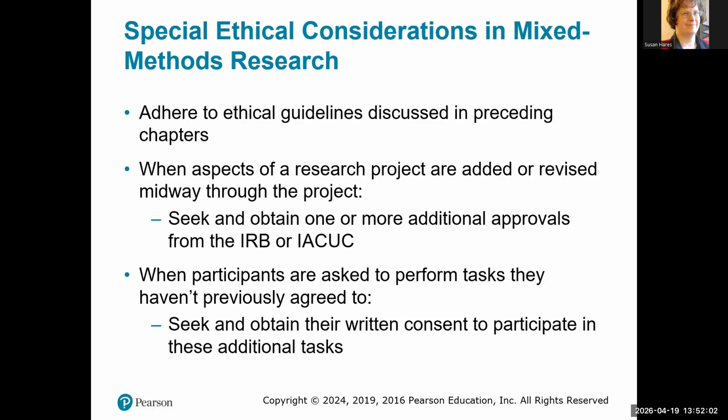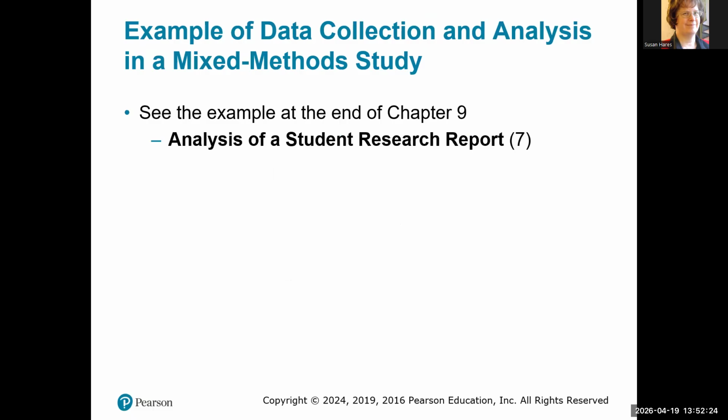Let's say you want to have them review some of your data as a check on the results. Well, you have to seek and obtain their written consent. It is something that I tripped over myself and had to go back and make sure that people who were going to perform the review agreed to consent to this. Even though the data was open, their review was something I had to ask for.